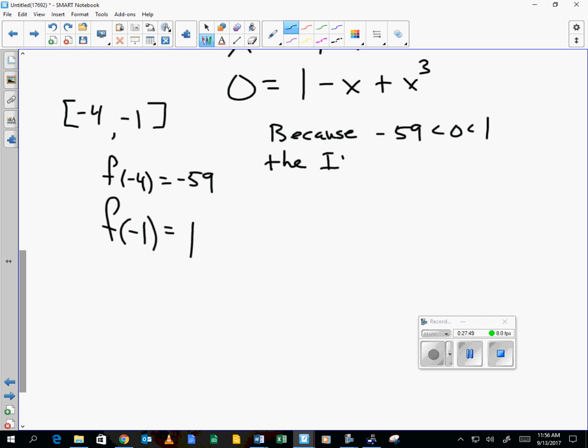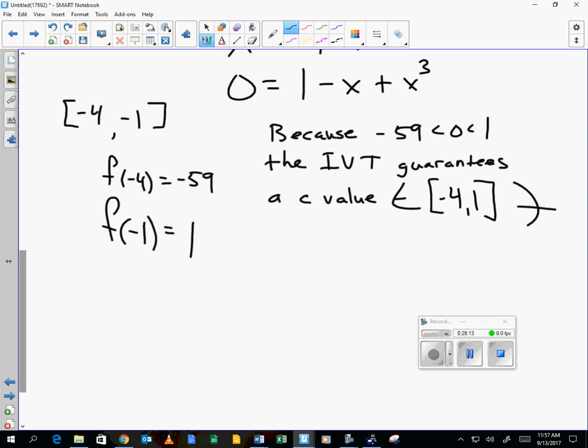The IVT guarantees what? A c value in the interval such that f of c is equal to 0.